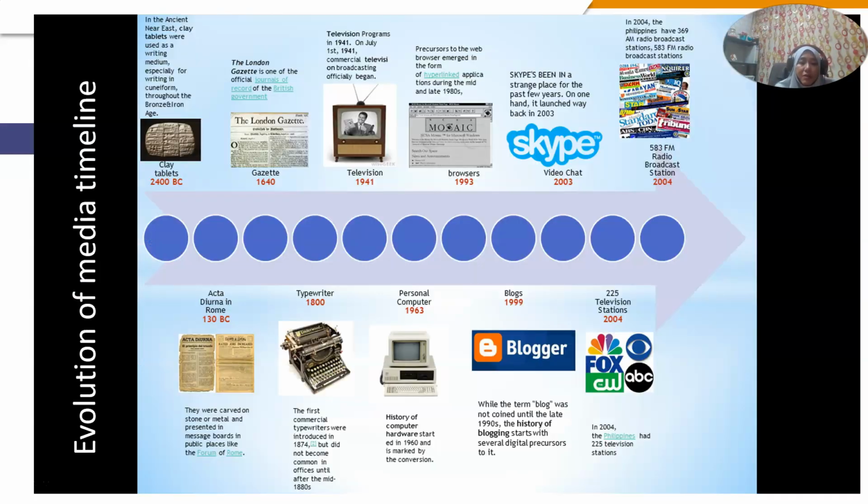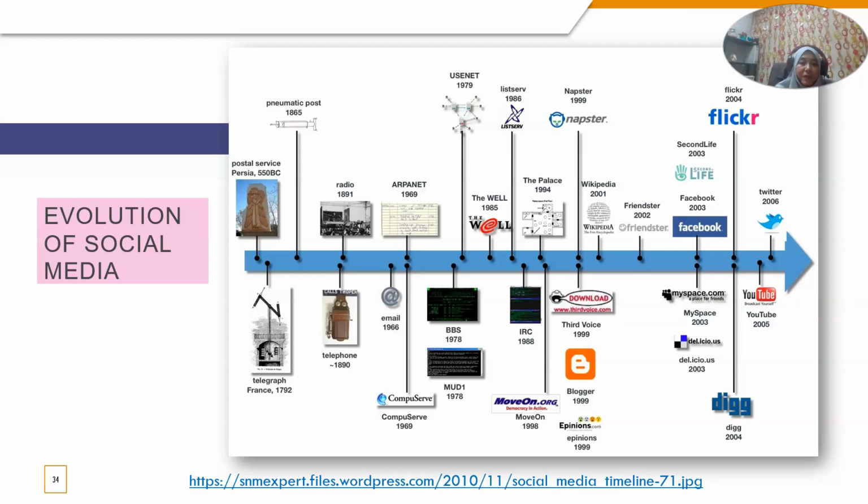This is another one I share with you: the evolution of media in terms of the timeline. You can see the devices that we have had over time, from clay tablets to digital. That is how technology works for the multimedia area.